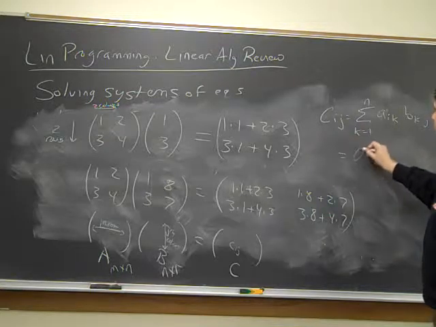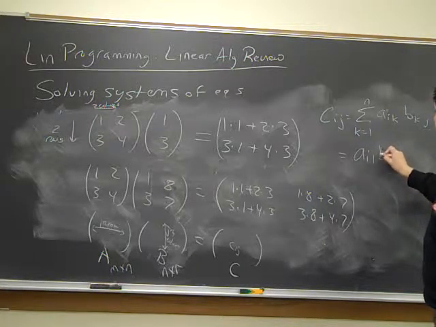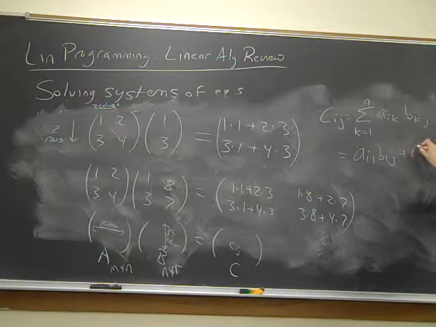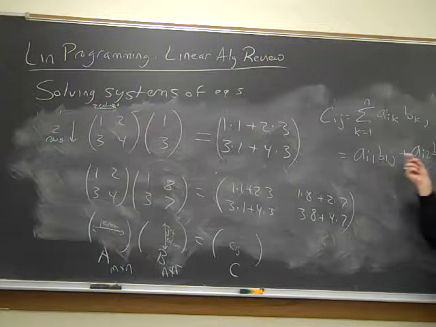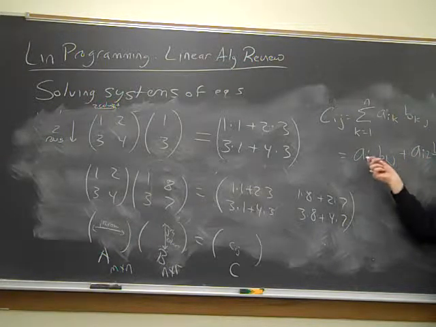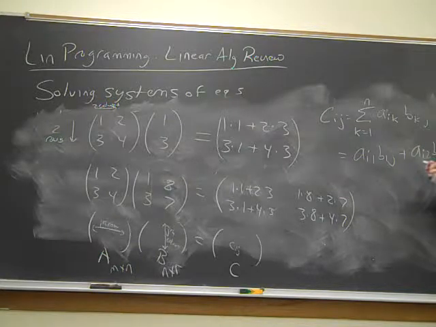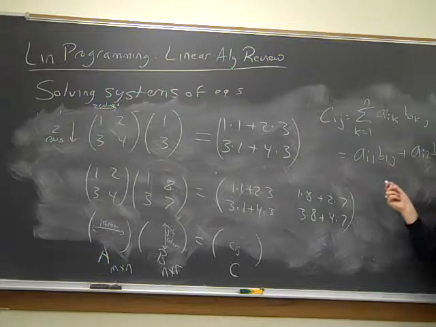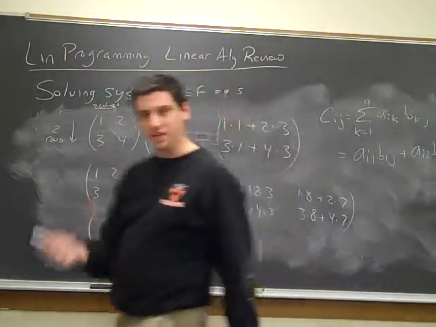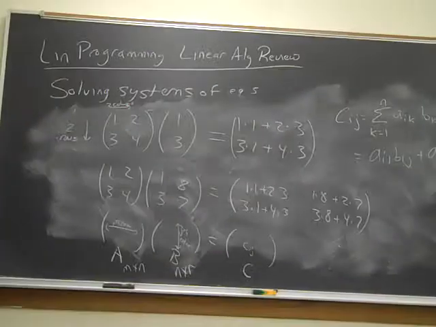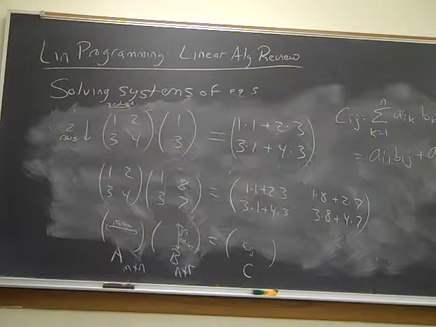So writing it out, it would be A_i1 B_1j plus A_i2 B_2j plus whatever. Because I have an i for each of these, this means it's in the ith row. First element of the ith row, second element of the ith row. Because all of these end with a j, it means I'm in the jth column. First element in the jth column, second element in the jth column. And so this is a good definition of matrix multiplication.